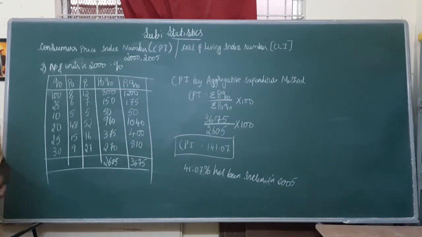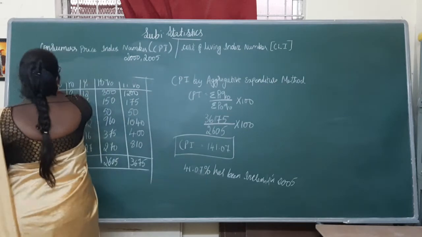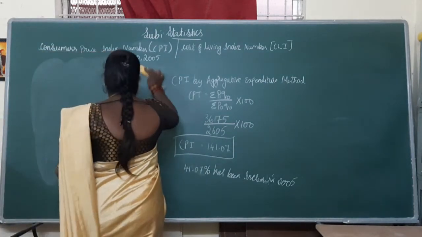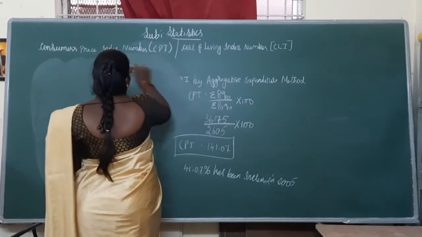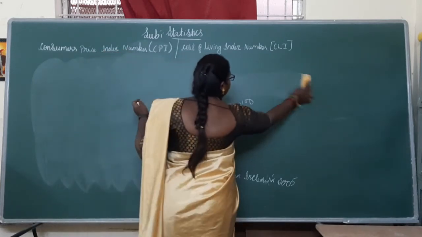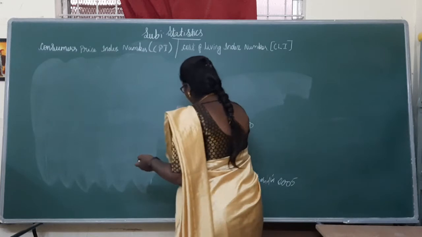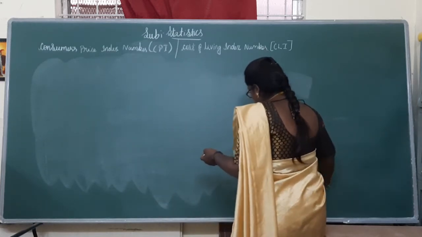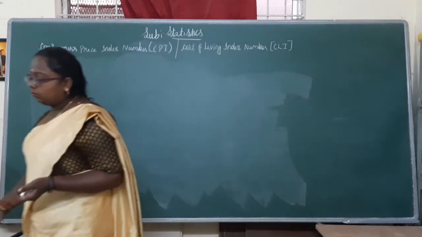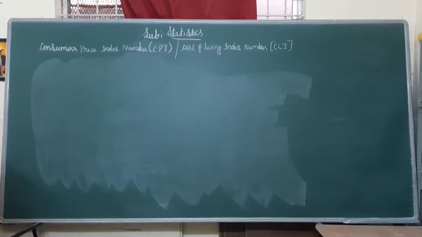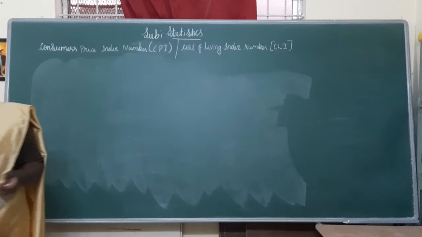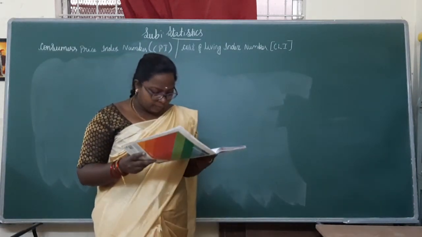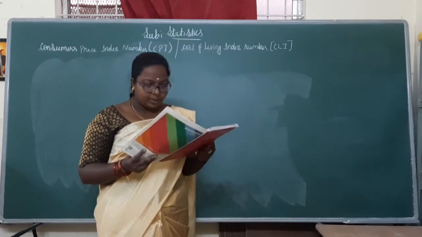Next, moving on to your third problem, which is different. Compute cost of living index number by aggregate expenditure method.